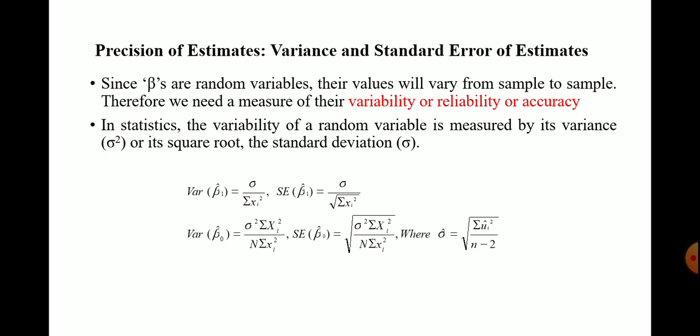Variance is basically used to measure the reliability or accuracy of an estimator. In order to measure the reliability and accuracy of an estimator, we usually apply the variance test or standard error test.